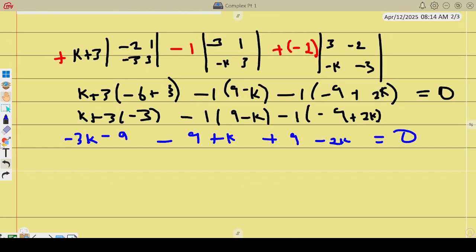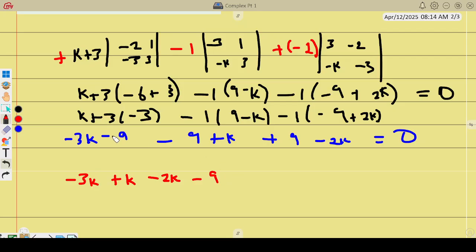Some questions, I hate them. So negative 3k plus k minus 2k. We're just collecting like terms, so they are done. So what things don't have k?